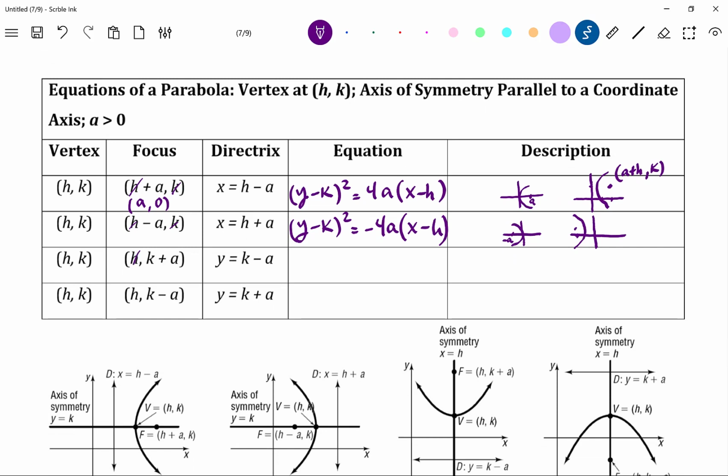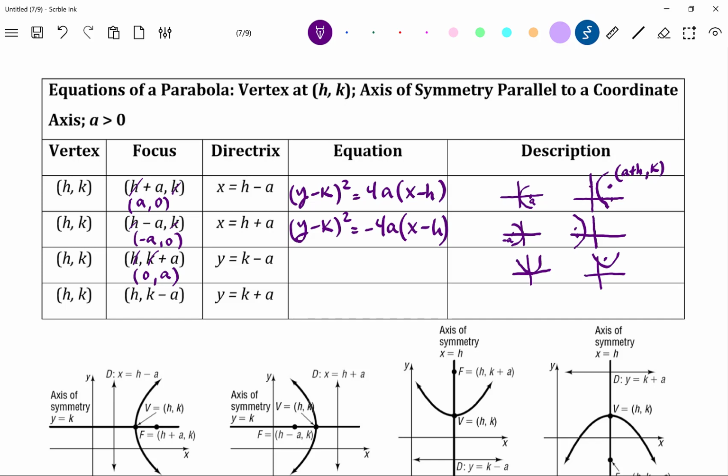Now when the focus is at (0, a), we are looking at a parabola where the focus has a value for the y value, like the graph before. Well, now h has been added, and k has been added to a, so we have the focus at (h, a plus k), so let's say a parabola of this kind.